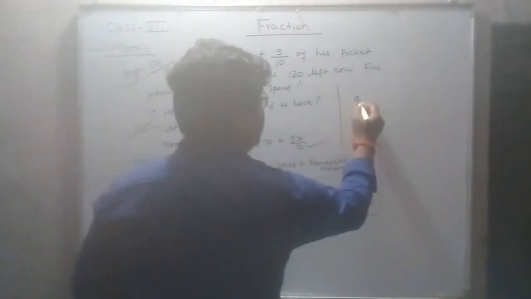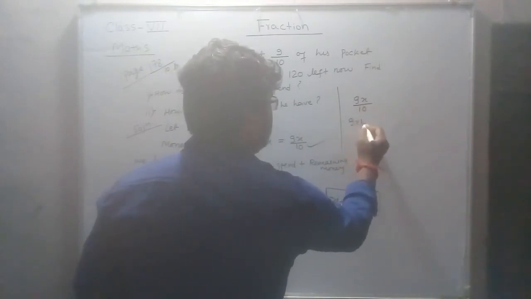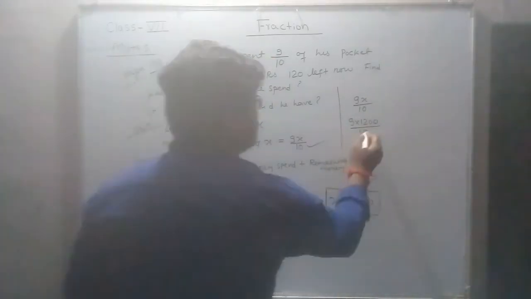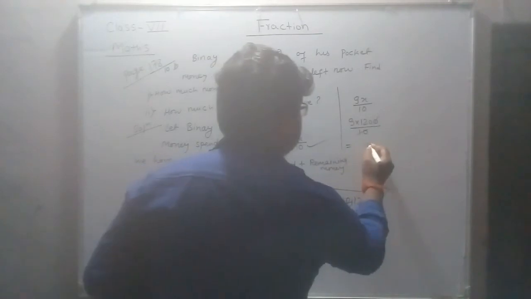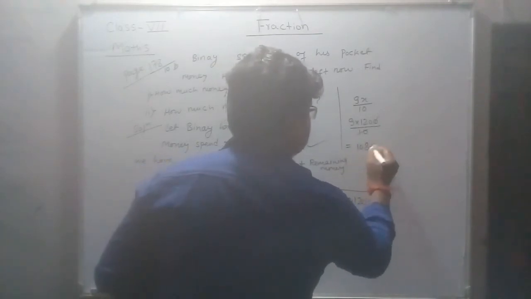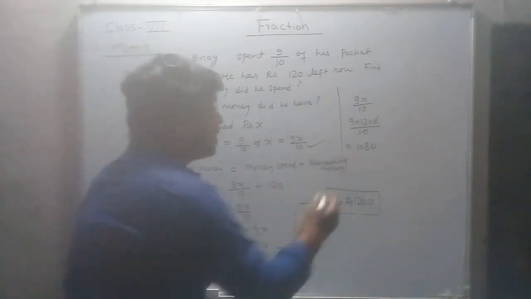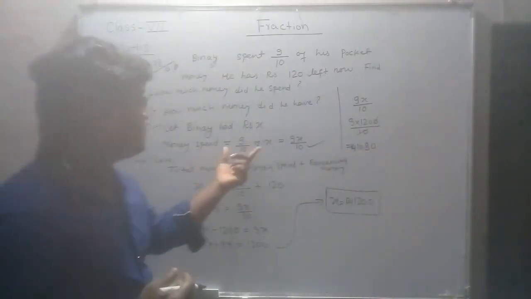Binay spent 9x upon 10, that is 9 into 1200 upon 10. You can cancel the zeros like this and multiply here. So 1080 rupees Binay had spent.